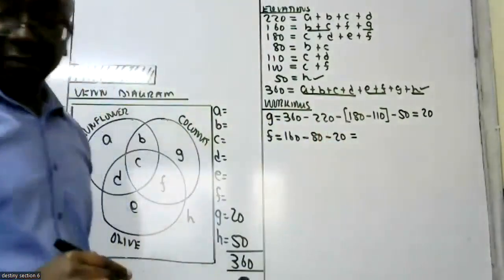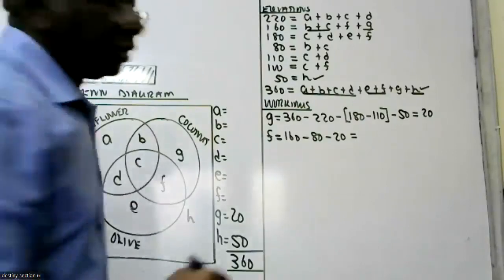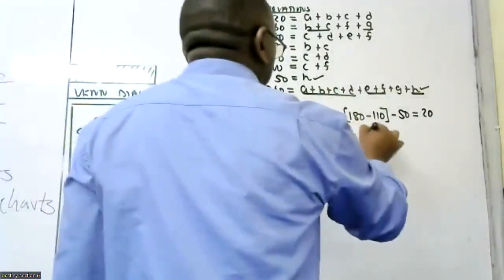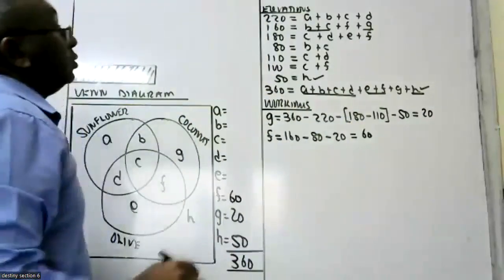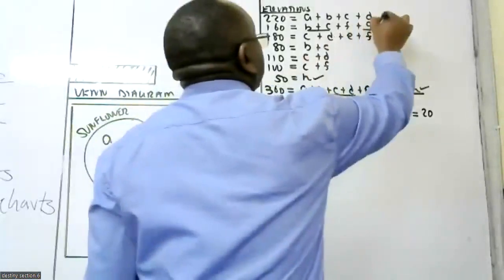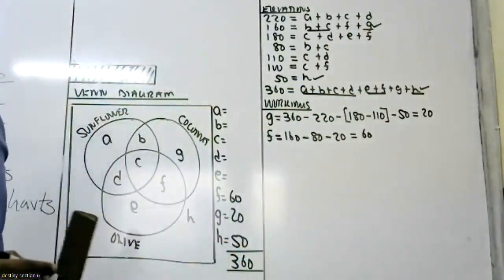So tell me F will be what? 60. So F will be 60. So this one has helped us. You check where else that F will help you.